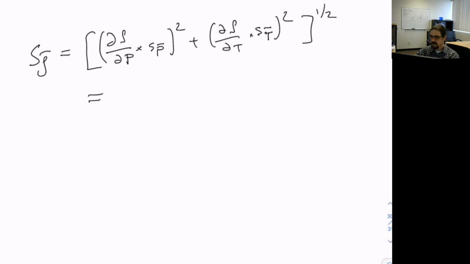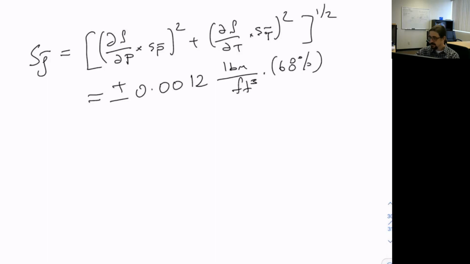If I do this, what I will find is plus minus 0.0012 lbm over feet cubed at 68 percentile. There you go. So now we have both B rho bar and S rho bar, as well as the rho bar.